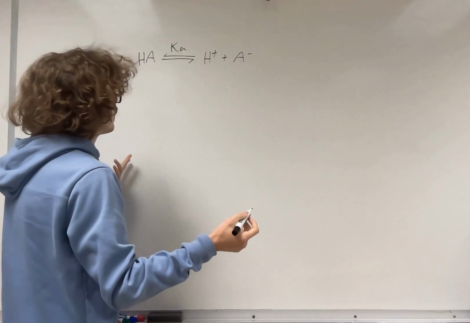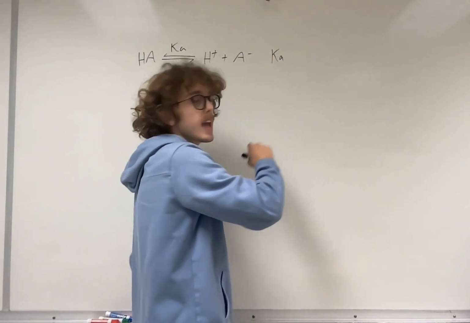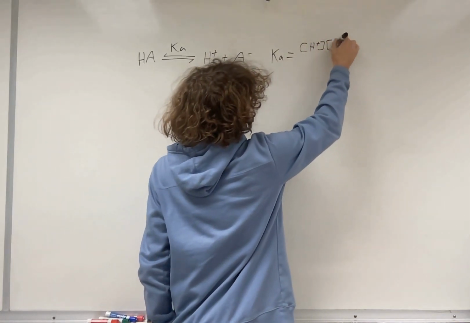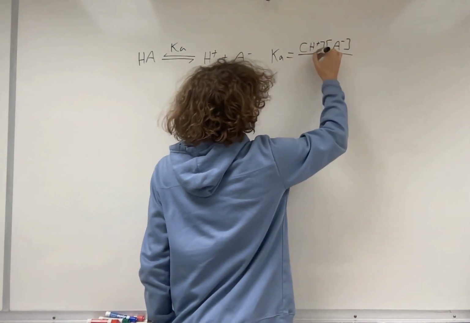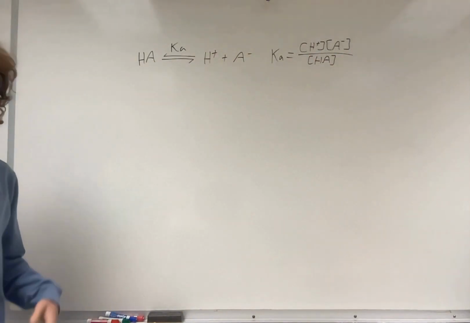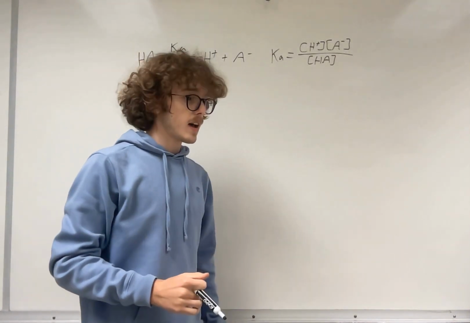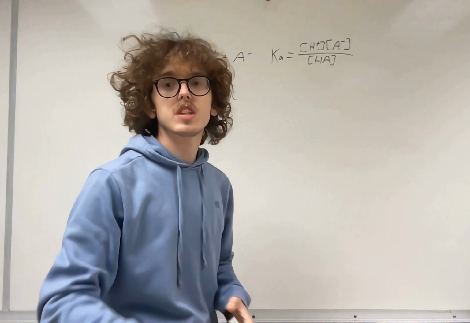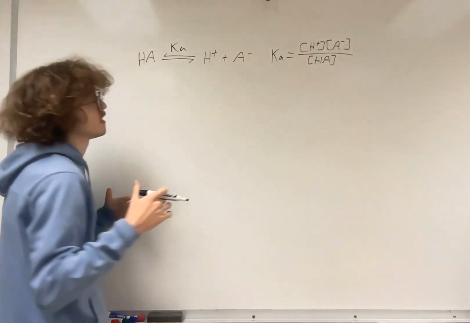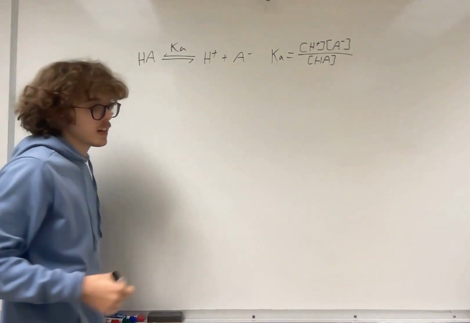So let's define what Ka is equal to. We know that Ka is equal to the concentration of H plus times A minus, all over the concentration of HA. Hopefully that's not too hard to see. And we're actually going to use this. Where we get fractional composition from is going to come from the mass balance.